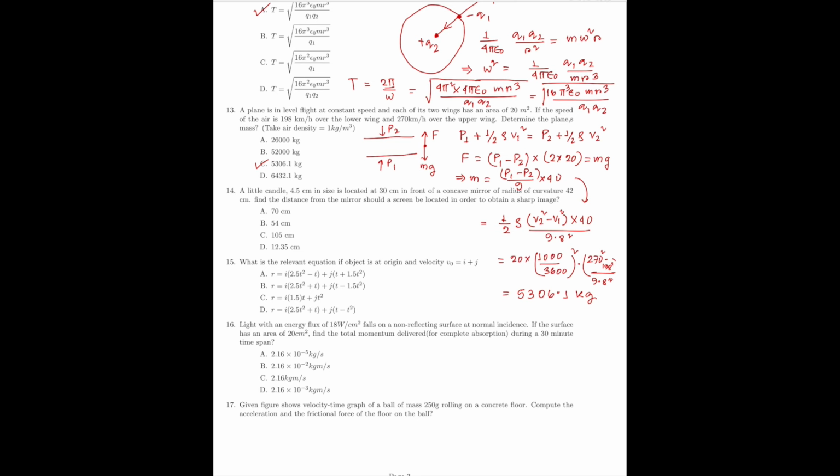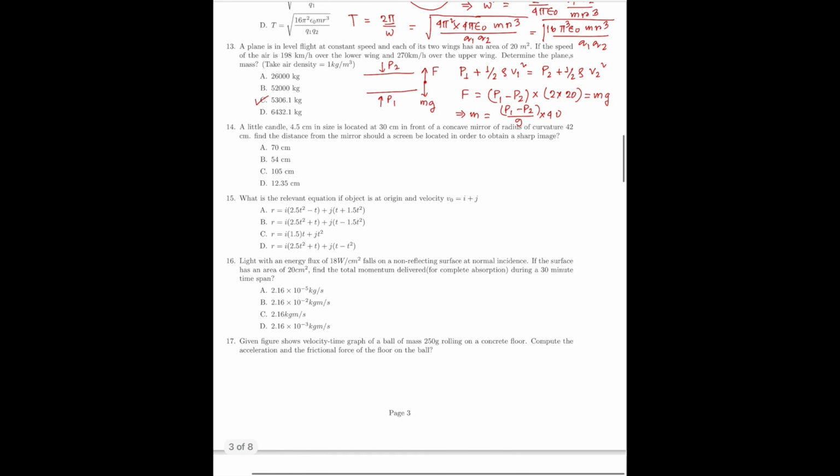So let me rub this out. Now the question is, a light candle which is of size 4.5 centimeter and is located at 30 centimeter in front of a concave mirror which has a radius of curvature of 42 centimeter, and we need to basically find out what the image will be.